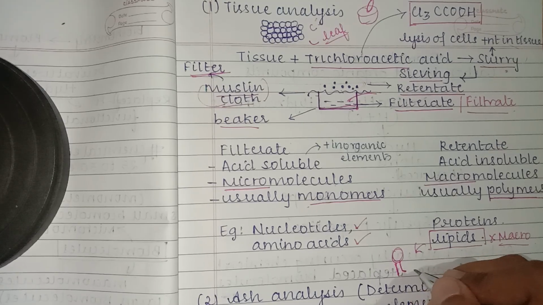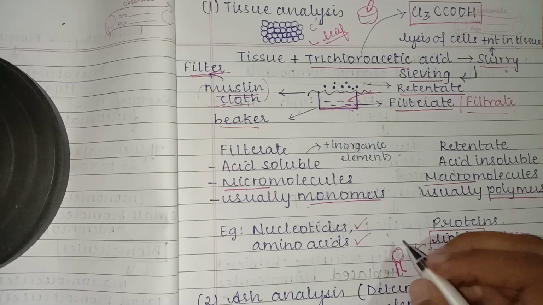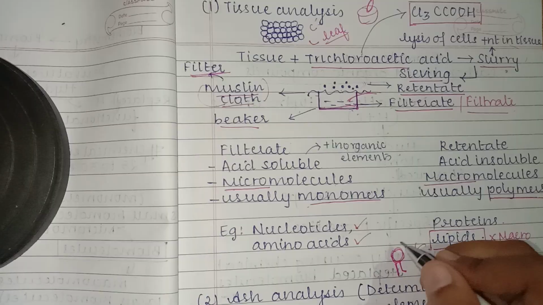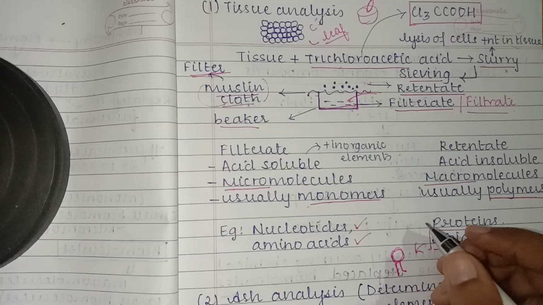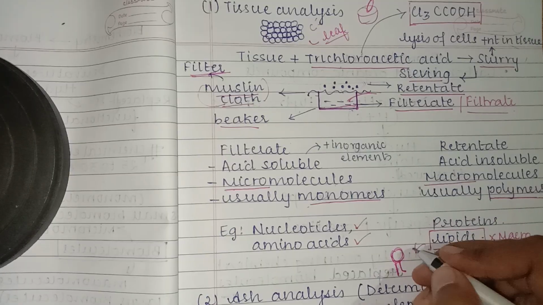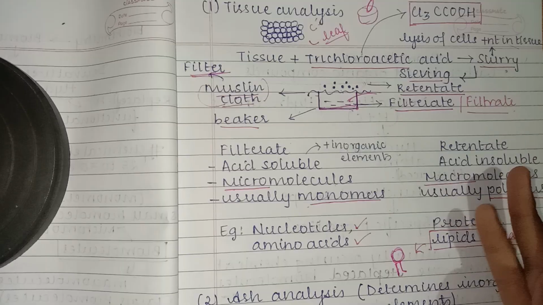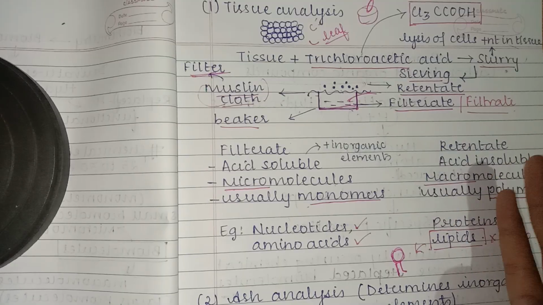In science we call it hydrophobic, and this head is hydrophilic, means it loves anything that is aqueous, it loves water. So there are many such structures present in a cell. They will form a lipid bilayer. It is present in the plasma membrane.